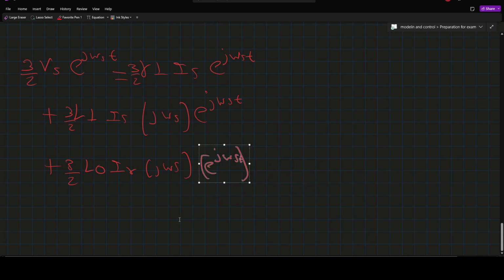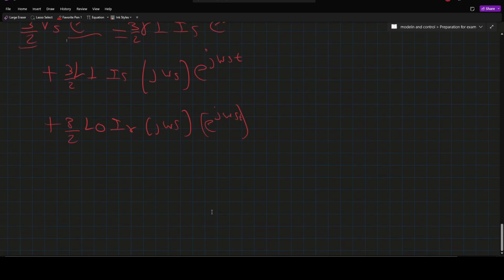Now we can see that all the terms have 3 halves and e to the j omega s t, so we can get rid of all of them.